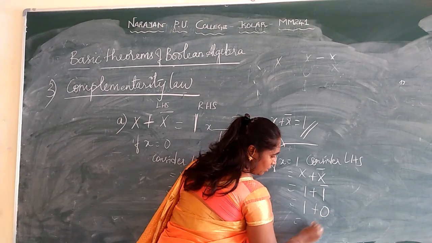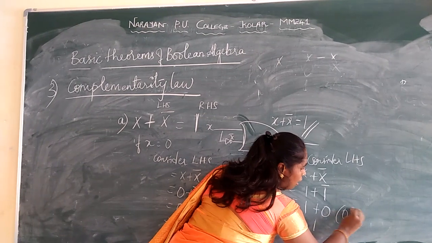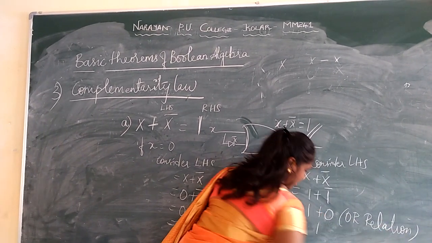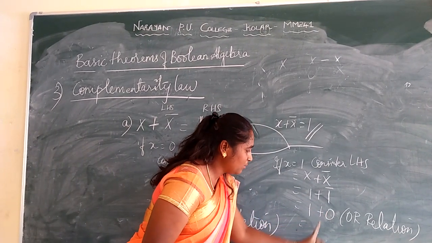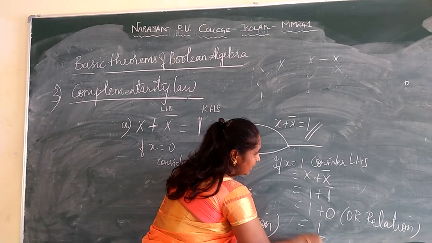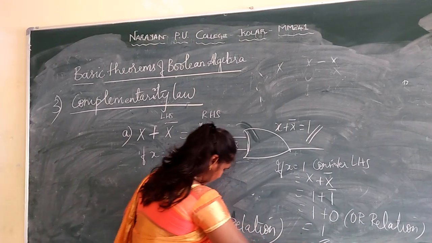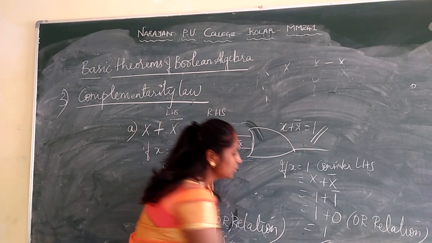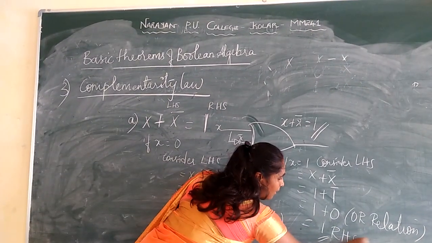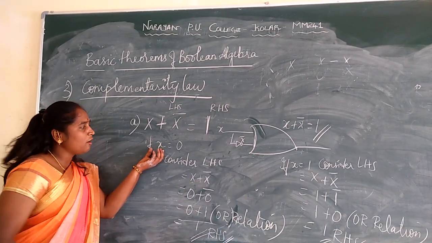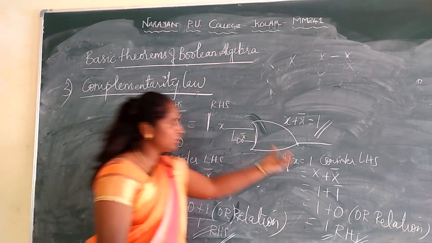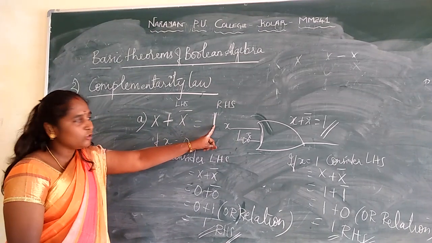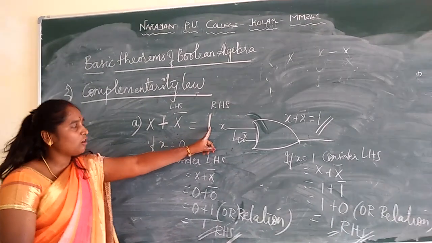So 1 plus 0 is nothing but 1 according to the OR relation. So your RHS is proved, that is x plus x bar equals 1. For both values, x equals 0 and x equals 1, when you combine a variable with its complement using an OR operation, the result is always 1.